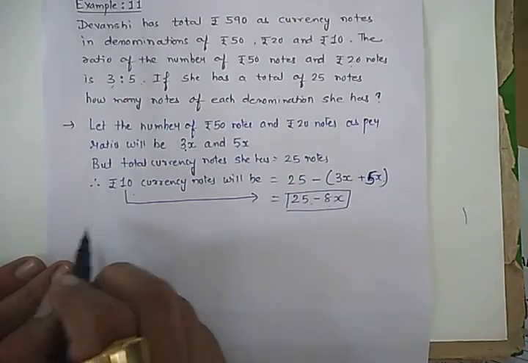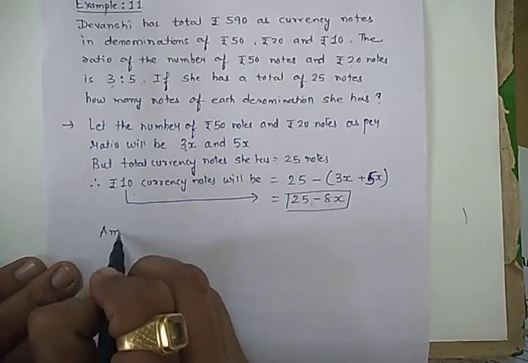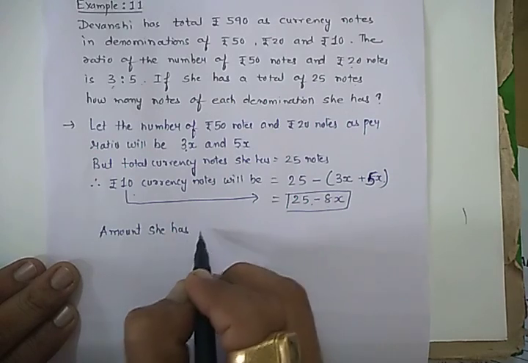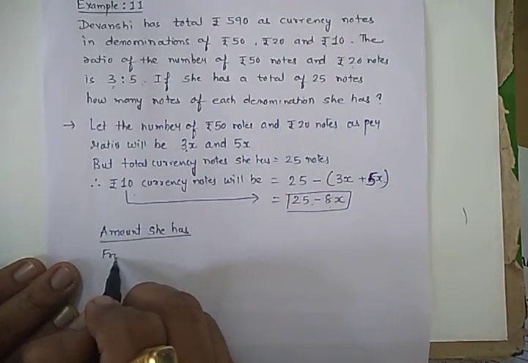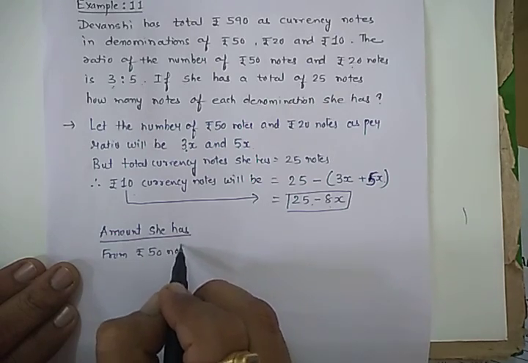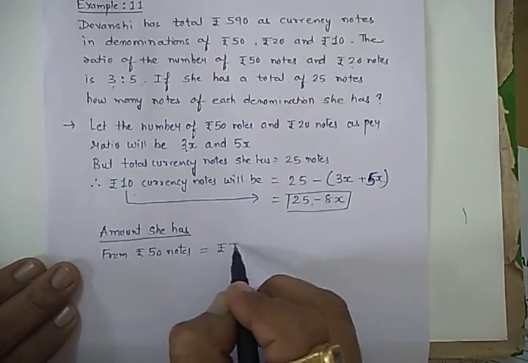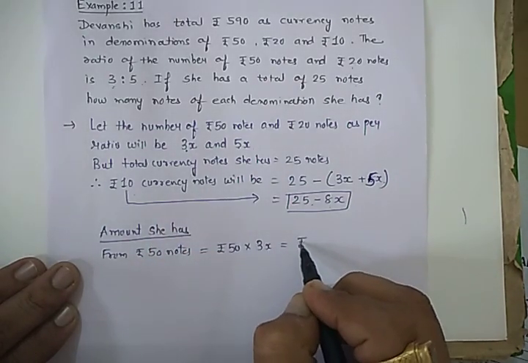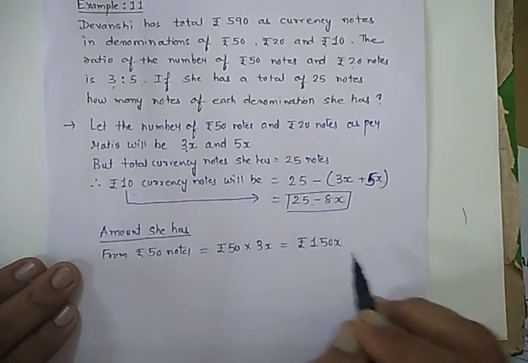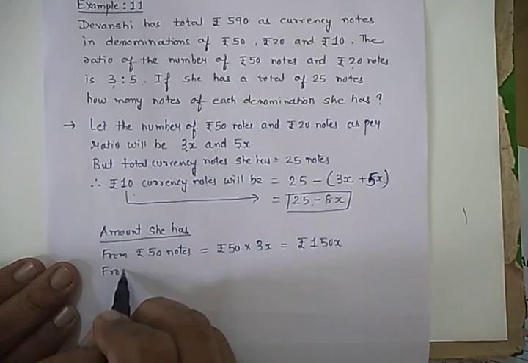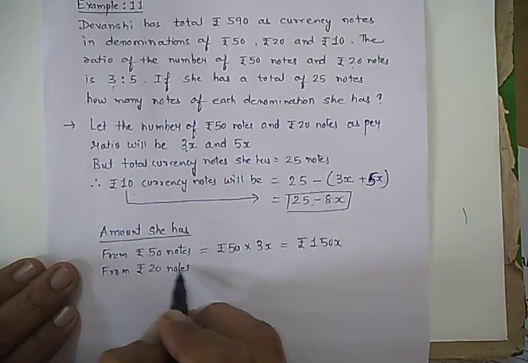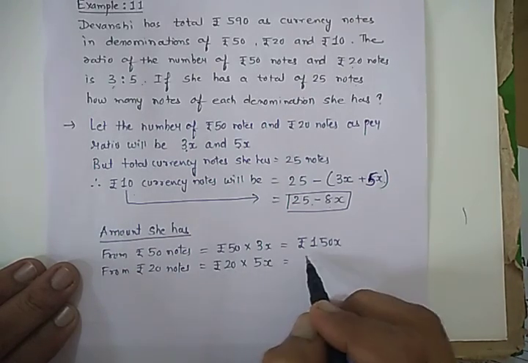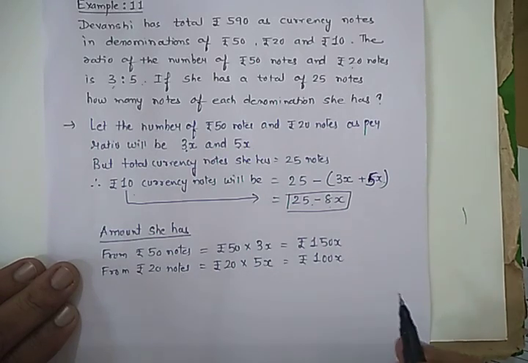So the amount Devanshi has from rupees 50 notes: how many 50 rupees notes are there? Rupees 50 multiplied by 3x notes, the value will be rupees 150x. Okay, then from 20 rupees notes, how much value will it be? Rupees 20 times 5x notes, that is rupees 100x as a value.